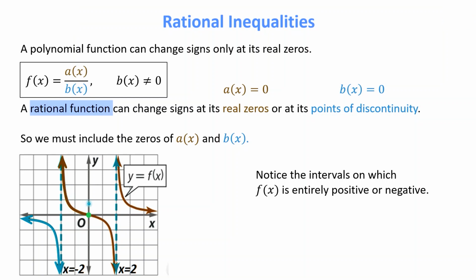And then if you go further, we have the real zero here where f of x equals 0, and then in this section f of x is entirely negative. Then we have another point of discontinuity or vertical asymptote. We can see that this section of the graph is entirely positive because it lies above the x-axis. So with rational functions, we just have to make sure we understand that sign changes occur at real zeros or at points of discontinuity.